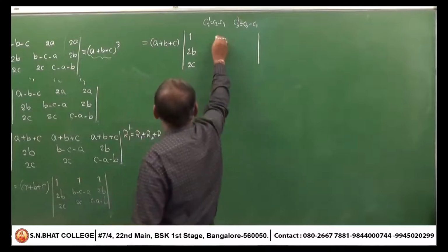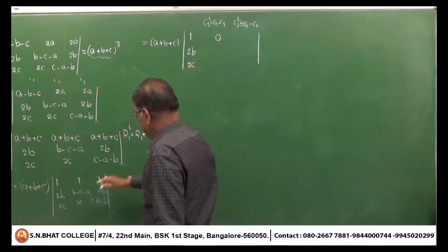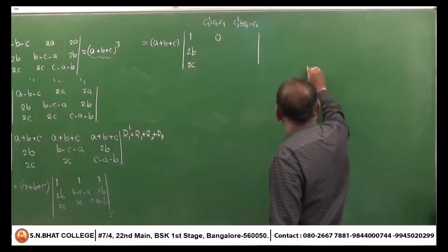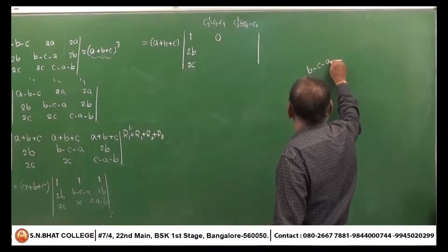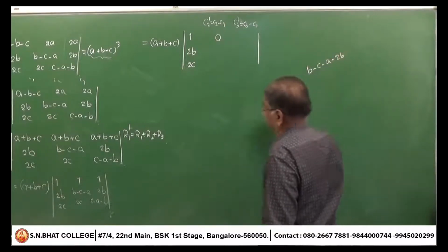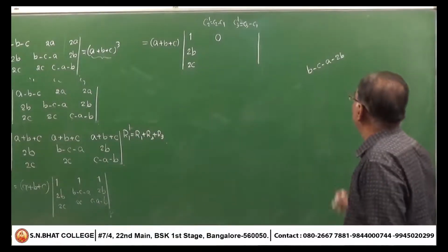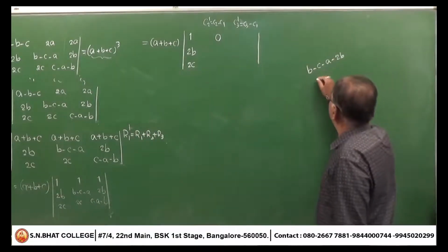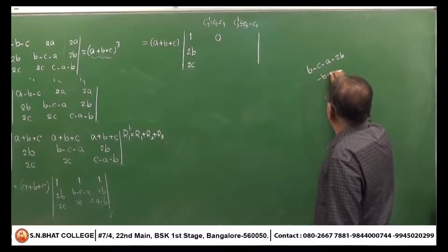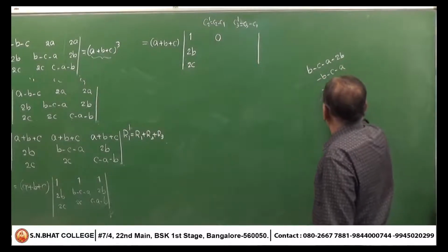C2 dash is C2 minus C1. This minus this is 0. Next, b minus c minus a minus 2b: minus 2b plus b is minus b minus c minus a.